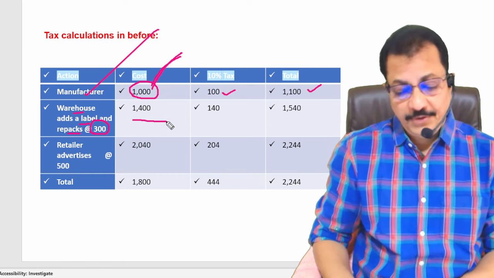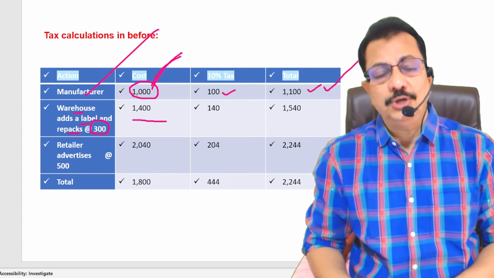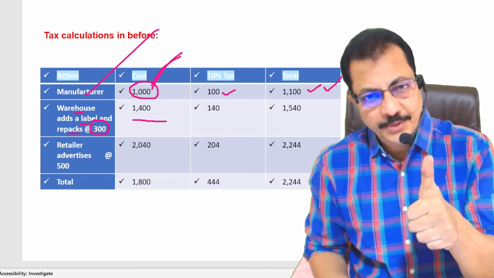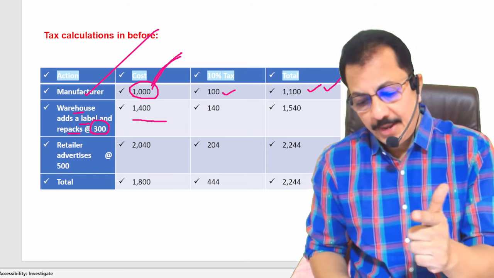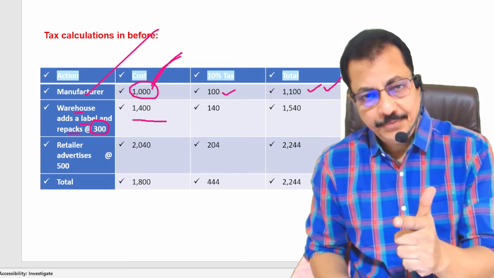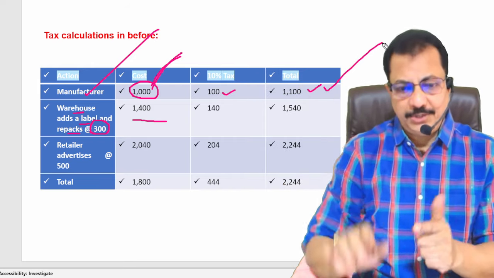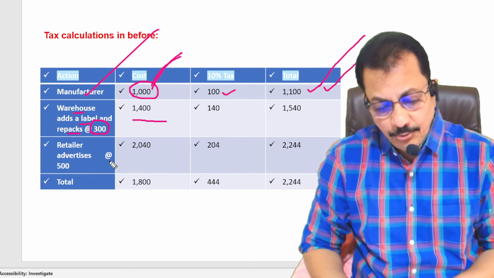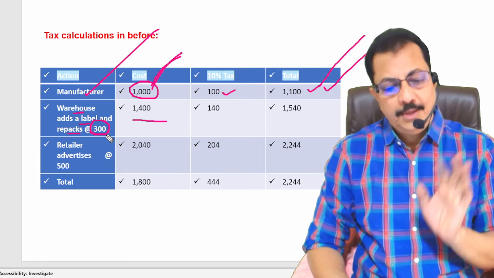If you observe very clearly, the total is 1100 at the manufacturer level itself. 1000 rupees is the cost of the product, 100 rupees is the tax, and it became 1100. Now what happened? You have already added taxes at the manufacturer level, and after adding the taxes, you are adding 300 rupees to the value of the product, right?